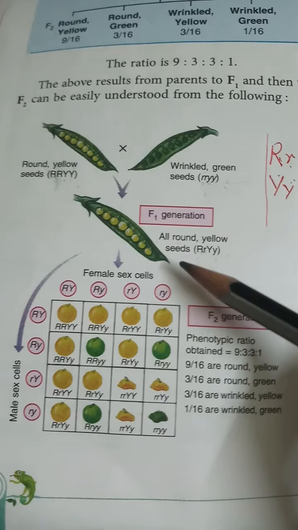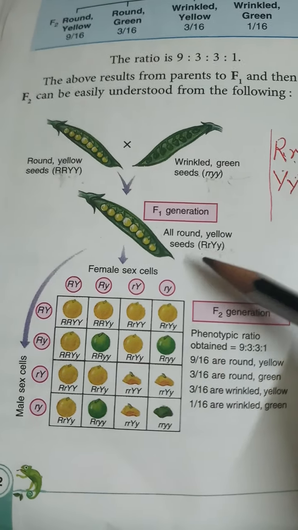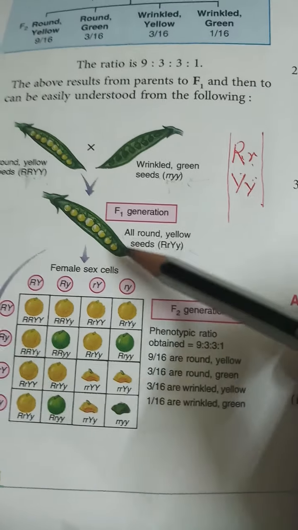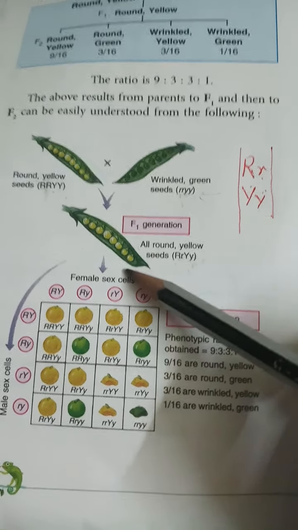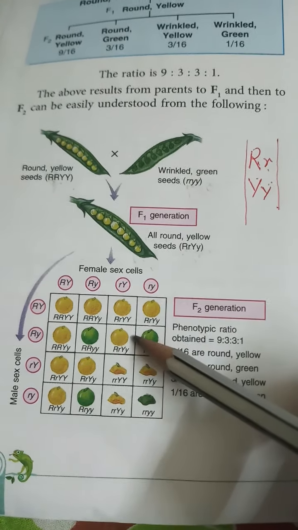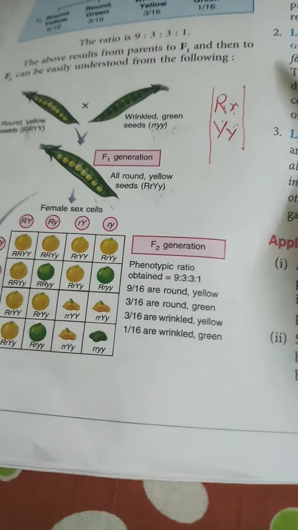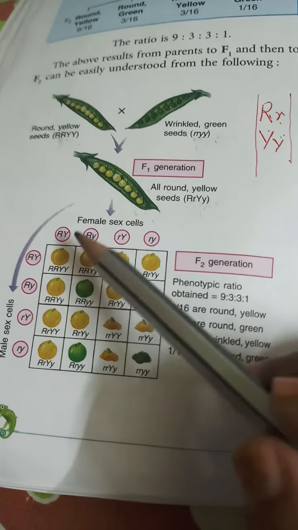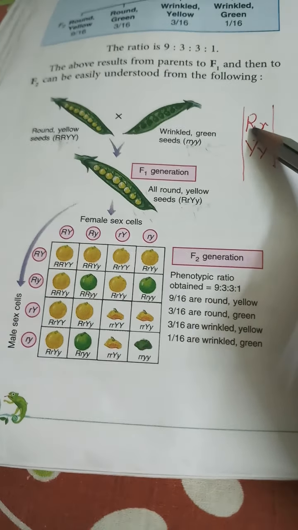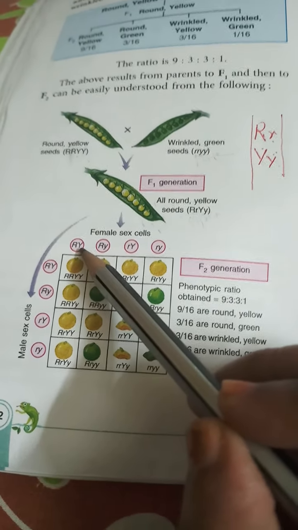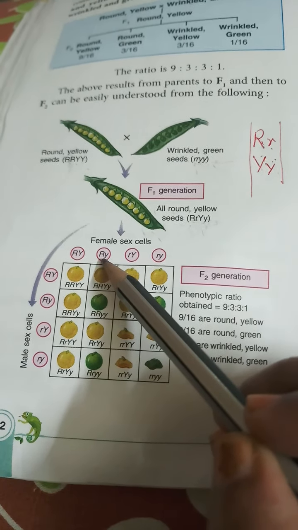Then, by self-pollination, the next generation or F2 generation is produced here. You can see that the gametes formed are round, which may pair with capital Y or small y. That is shown here, round with the capital R or round with the small y.